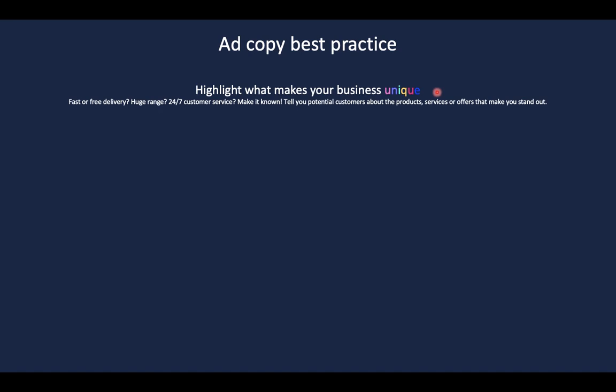Is it that you have great customer service? Is it that you have fast delivery or free delivery? There are loads of different things you could potentially be saying here, and it all depends on your specific business. So really get to know what customers like about you, your products, and your services, and tell that potential customer about it in your ads. Make it known to them and make yourself stand out.